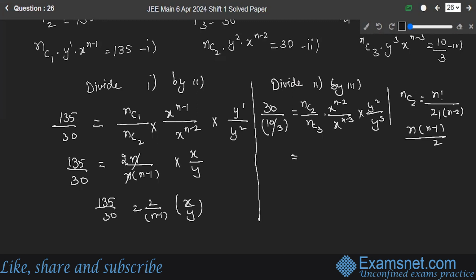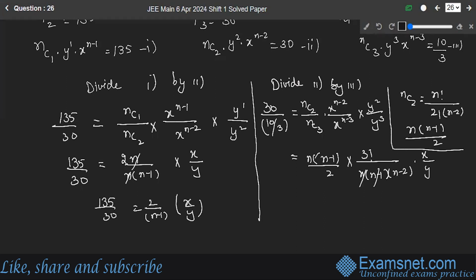On solving this, nC2 is written as n(n-1) upon 2, and nC3 will be given by 3 factorial upon this (n-2). And again, here will be x upon y.